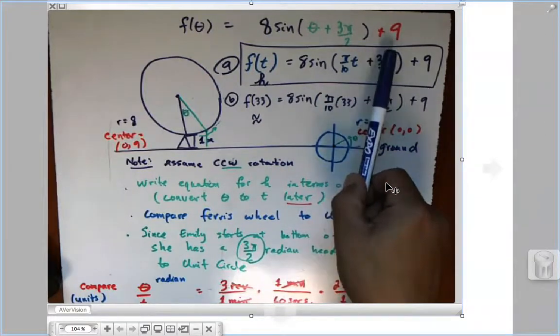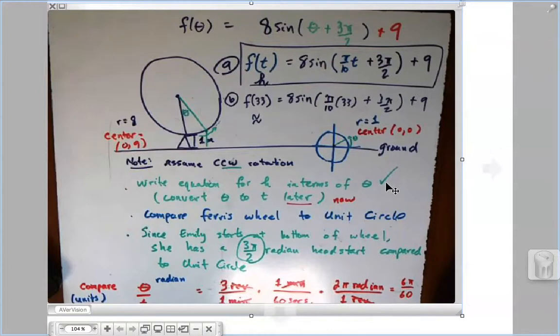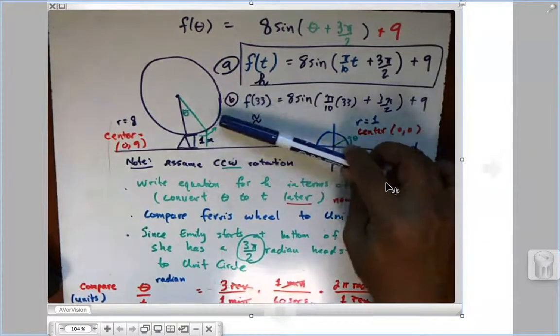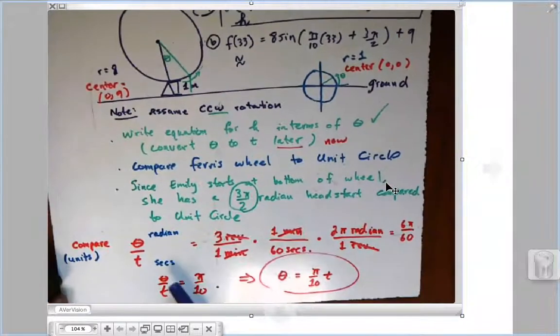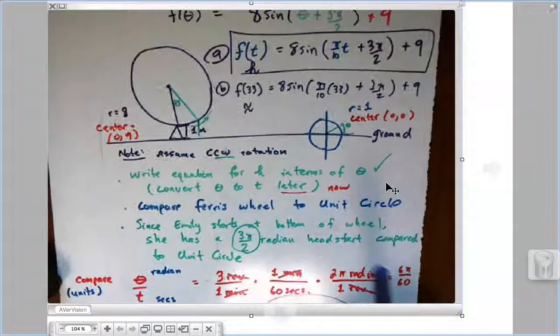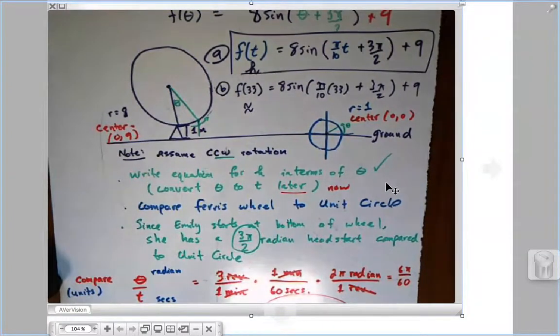We built this function by thinking about what transformations were needed to transform our unit circle into our Ferris wheel. And then we did some conversions at the bottom to convert theta into time. And then we have our final function here. From there you can answer a lot of questions about where she's at after a certain amount of time, or how long it will take her to reach a certain point on the wheel.